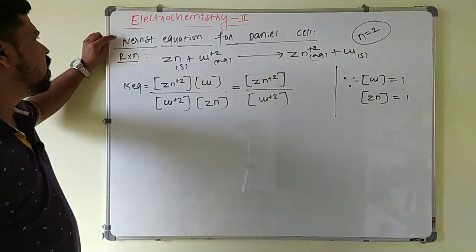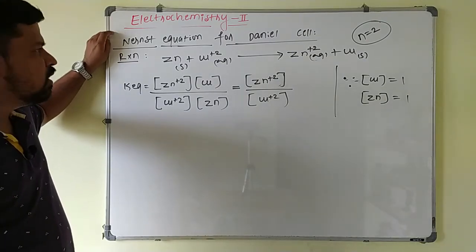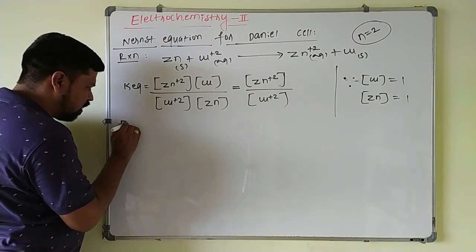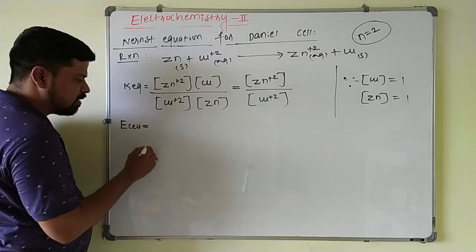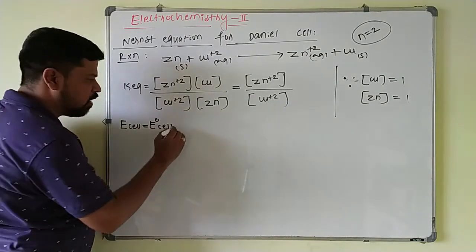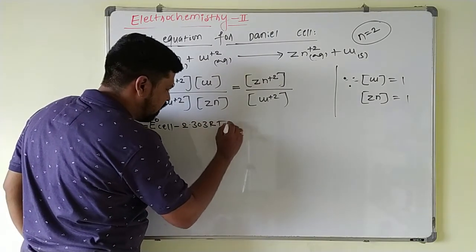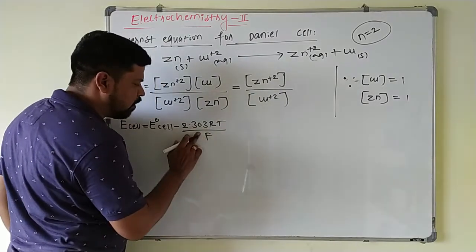Now if you want to write the Nernst equation for this Daniell cell to calculate the EMF of this Daniell cell, it becomes E cell is equal to E naught cell minus 2.303 RT divided by N into F. What is the N value here?